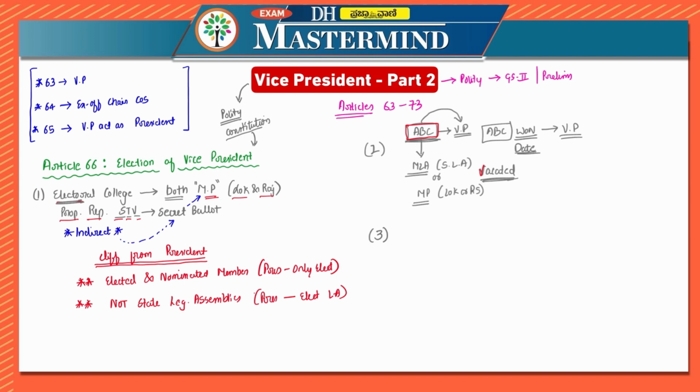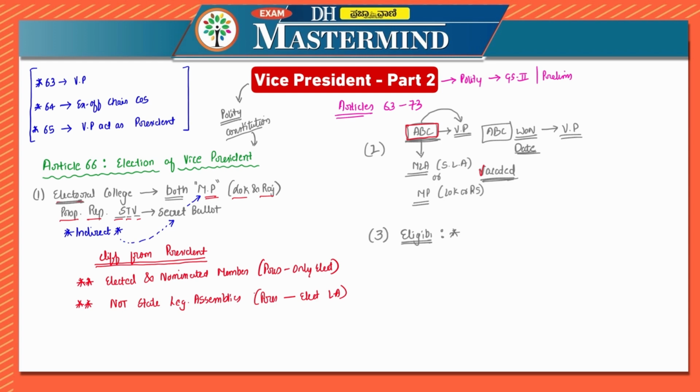This article speaks about eligibility criteria, that is, no person shall be eligible for election as vice president unless he is. It starts in the negative context, that is, there is a restriction mentioned in this article. So, unless he is, what are the eligibility criteria?